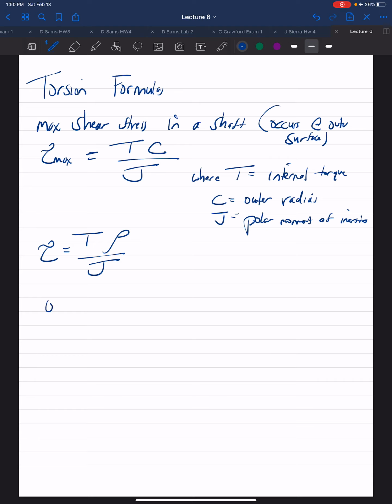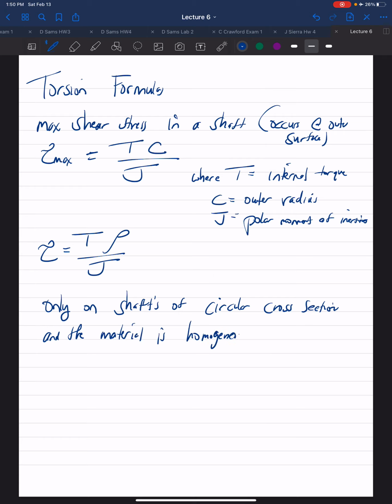These are to be used only on shafts of circular cross sections, and the material is homogeneous and behaves in a linear elastic manner.